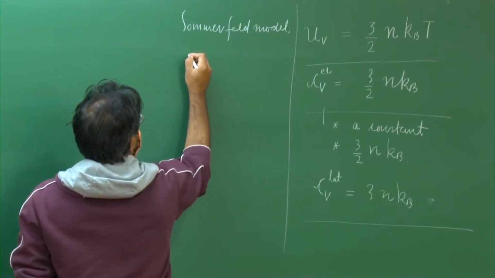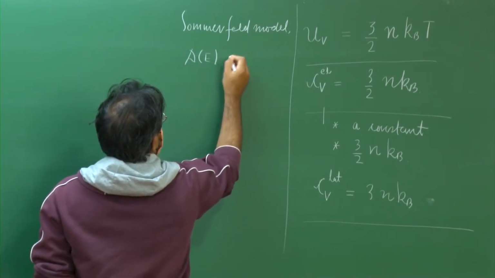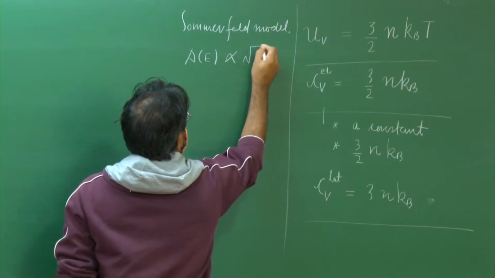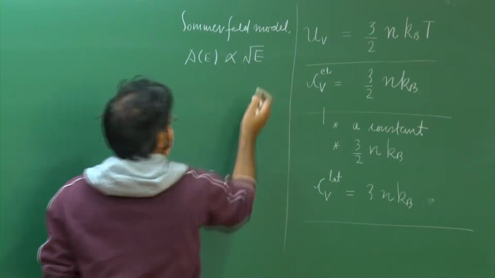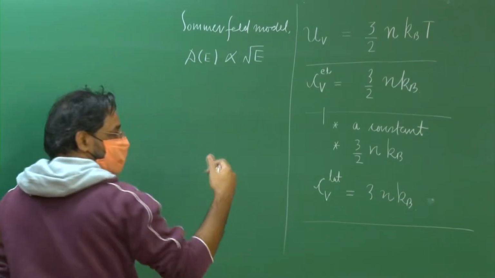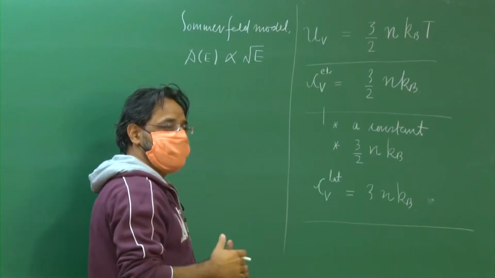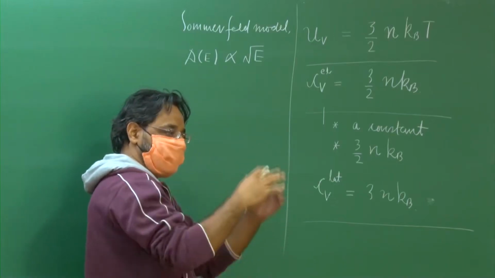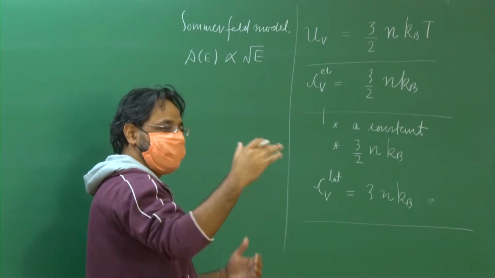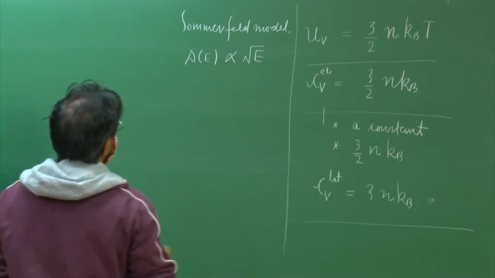You know that the density of states D(E) in this model goes as the square root of E, right? You agree with that? And you fill up the states, you build the ground state obeying Pauli's exclusion principle, filling up the states of lower energy first, in order of the energy.